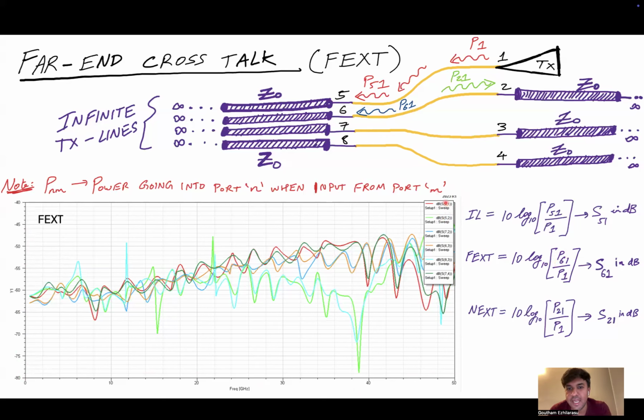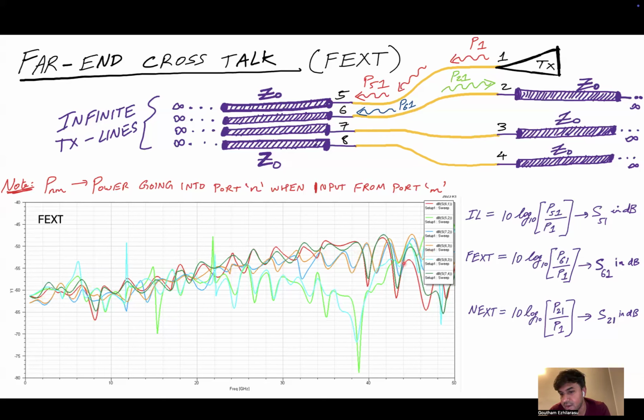What you notice is that the far end crosstalk at lower frequencies is less than minus 60 dB, so it's a very, very small value. And as the frequency increases, the crosstalk also increases, becoming closer to minus 50 dB at around the frequency of 50 gigahertz.